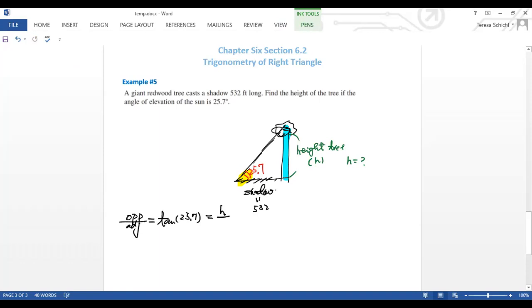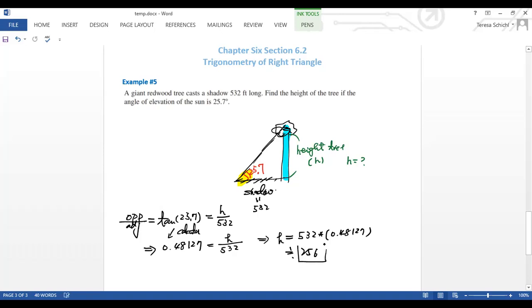The opposite is the height and the adjacent is the shadow, 532. Using the calculator, tangent of 25.7 is approximately 0.4827. So the height will be 532 times 0.4827, and the height of the tree is approximately 256 feet.